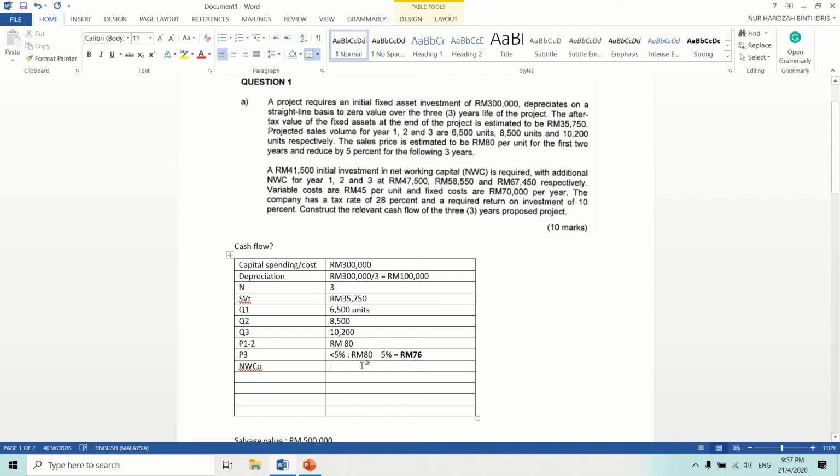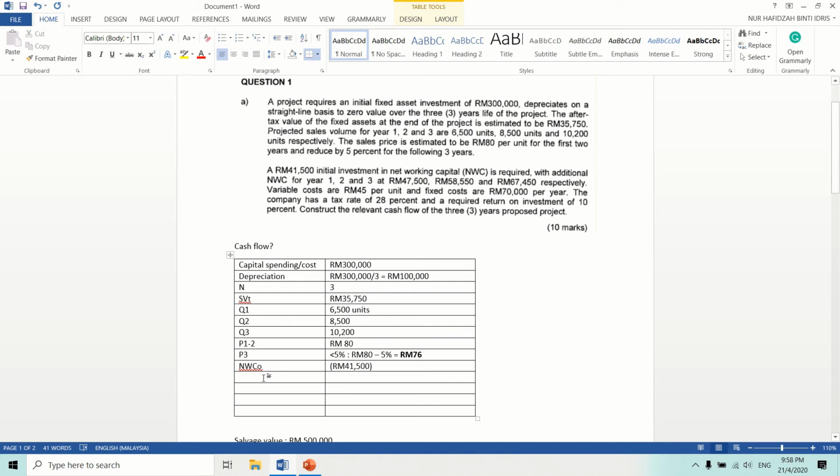A cash outflow should be negative, and inflow is positive. So negative RM 41,500, with additional net working capital for year 1, year 2, and year 3: 47,500, 58,550, 67,550.